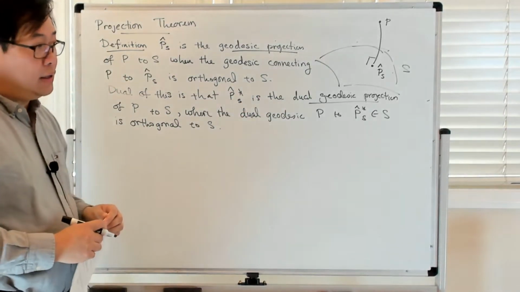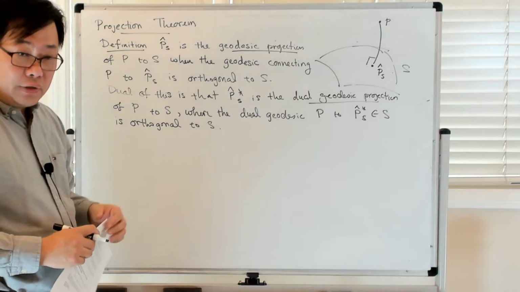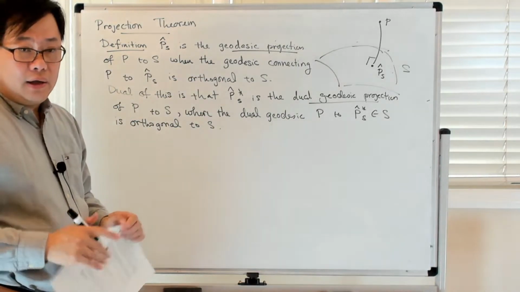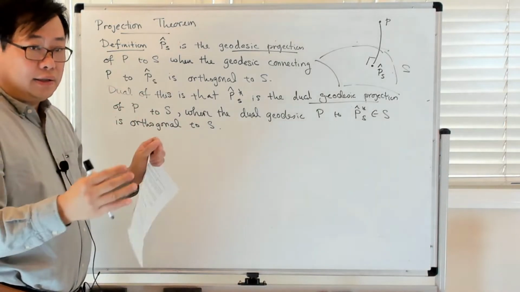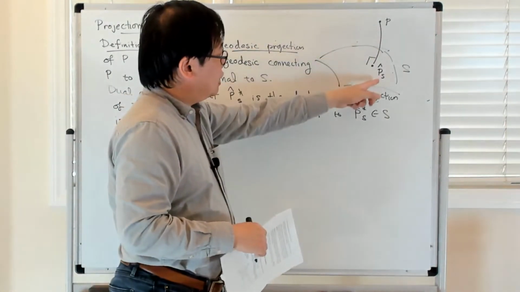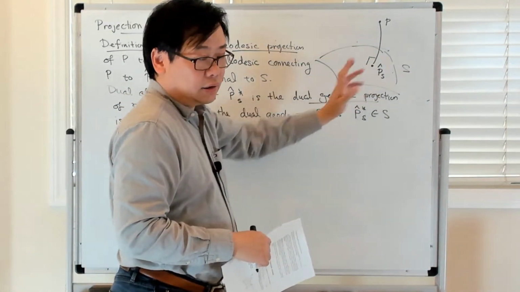There's, at least on the surface, no obvious reason why this solves the other problem which we were interested in, which is to find a point on the set S which minimizes the divergence between P and P hat S.